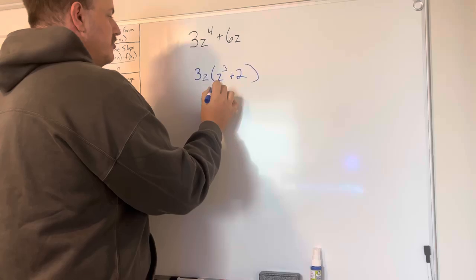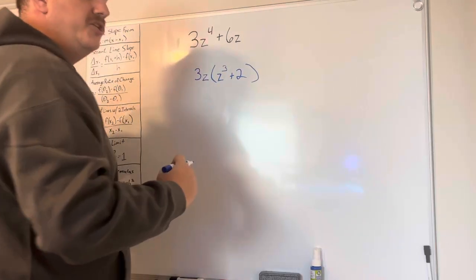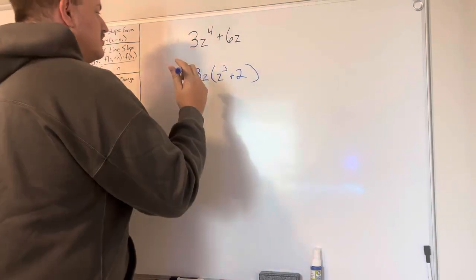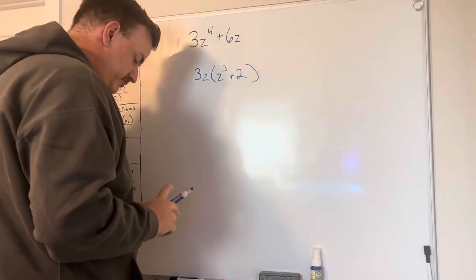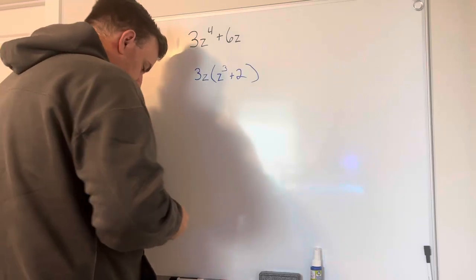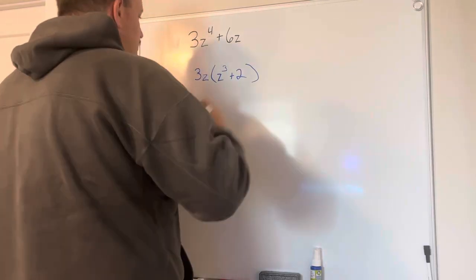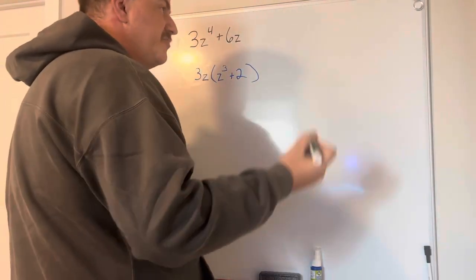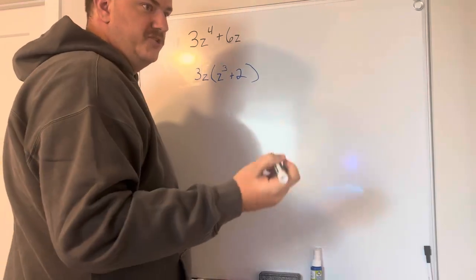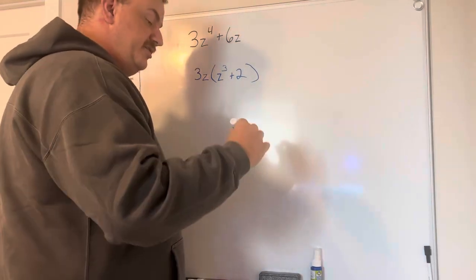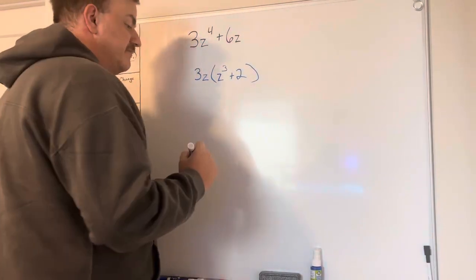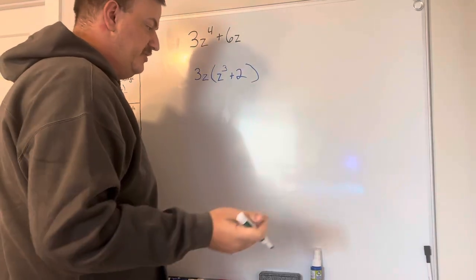Now, if you are unsure of if this is correct or not, you're going to do what's called distributing. So, I will go ahead and write this in a different color so it doesn't get confusing. The distributive property is essentially just multiplication. You also have the addition property, which is addition and subtraction. It's called the addition property, but that's just how it is.